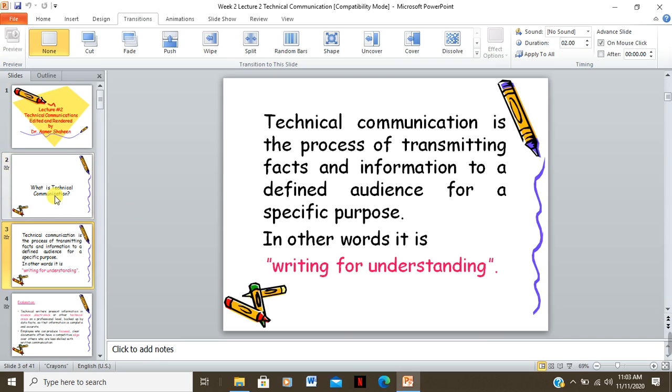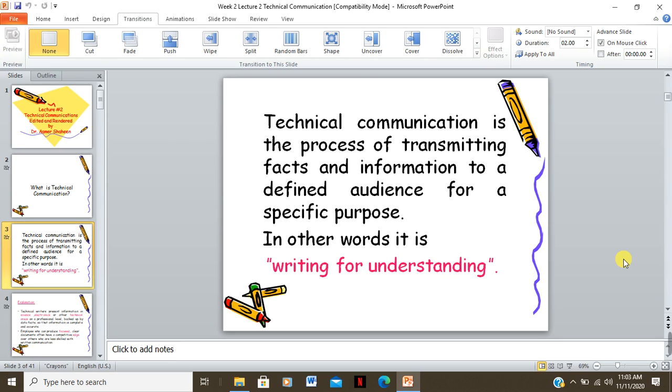Technical communication is the process of transmitting facts and information to a defined audience for a specific purpose. In other words, it is writing for understanding. So what is necessary is the outcome of understanding, that our audience shall be able to understand, no matter what the level of complexity of that material, it shall be conveyed.